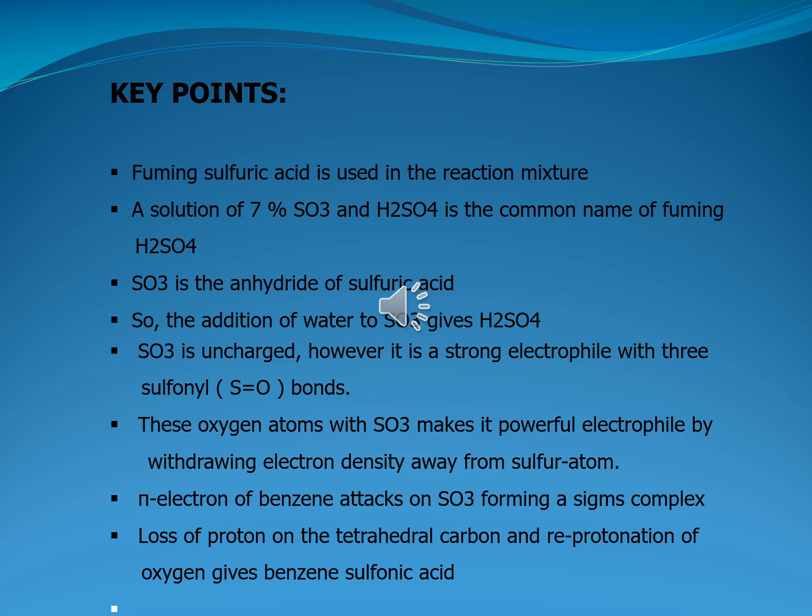In this way, the sulfur atom becomes electron deficient, so the attack of the pi electrons of the benzene molecule is easier at the sulfur atom. Pi electrons of benzene attack sulfur trioxide, forming a sigma complex. Loss of a proton from the tetrahedral carbon and reprotonation of oxygen gives benzene sulfonic acid, that is our target compound.